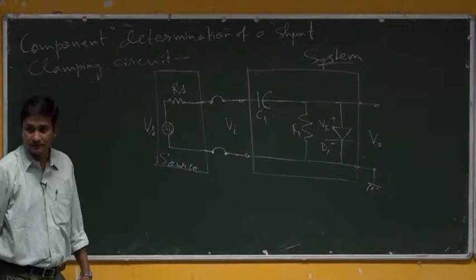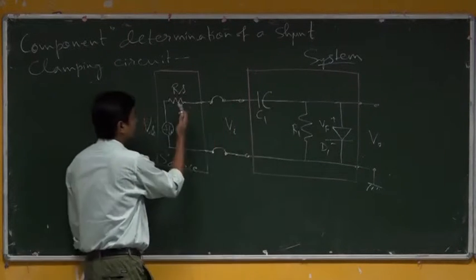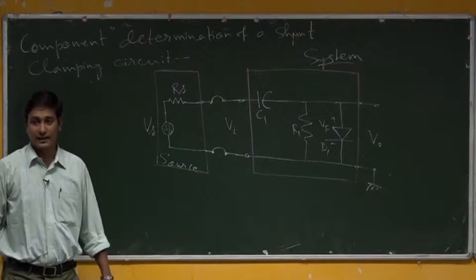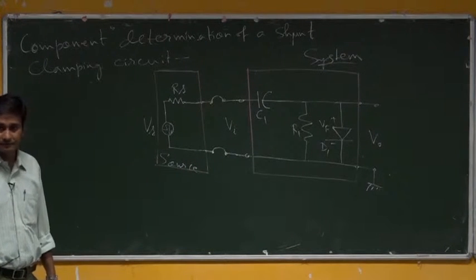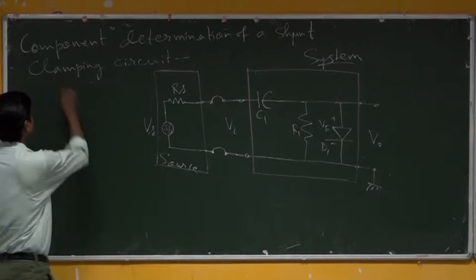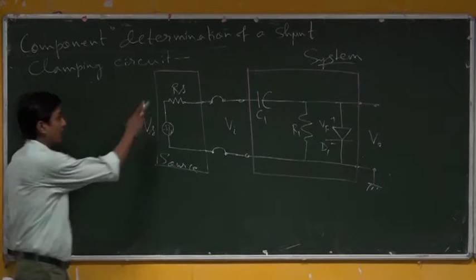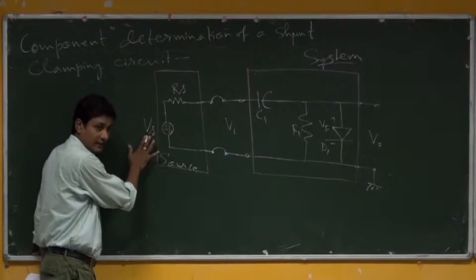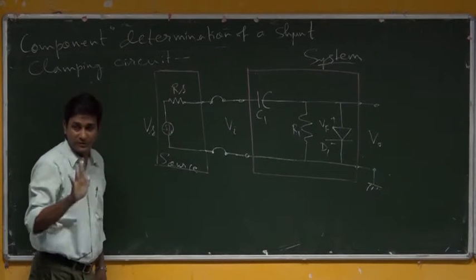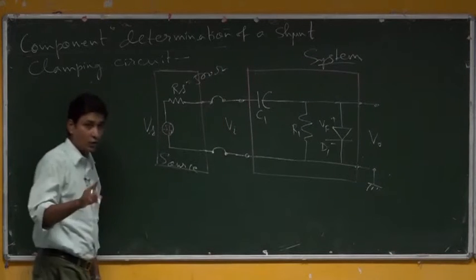Let us analyze. Things are exactly the same, only this much additional thing is incorporated. Fine. Now, since I am talking about component determination, if a source is given to you with a potential Vs with Rs of some value, say here 500 ohm.